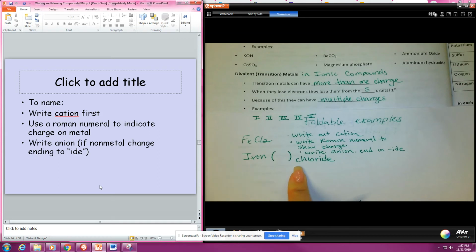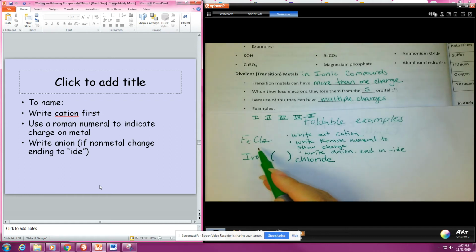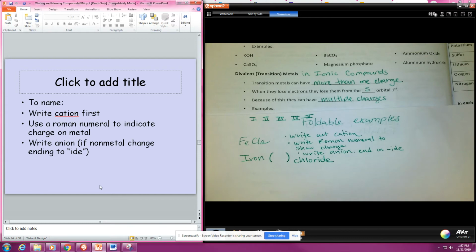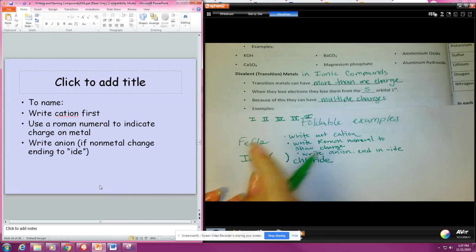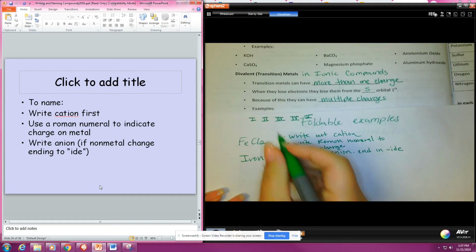Here's where we actually have to do almost a reverse crisscross. Previously, you were doing a crisscross to figure out the subscripts. Now we have to do a crisscross to figure out the charge. So we're going to go backwards. We don't know the charge on iron right now, but we do know the charge on chlorine. Chlorine is always -1.